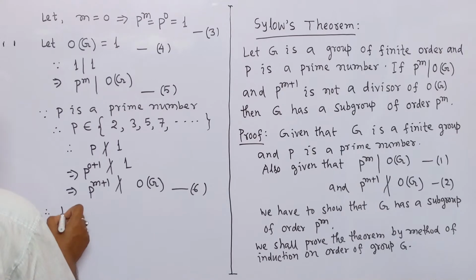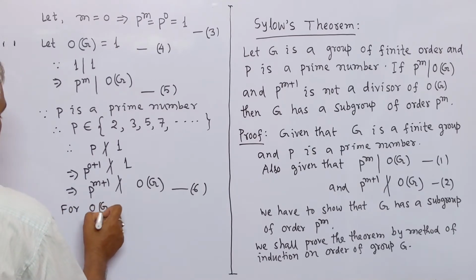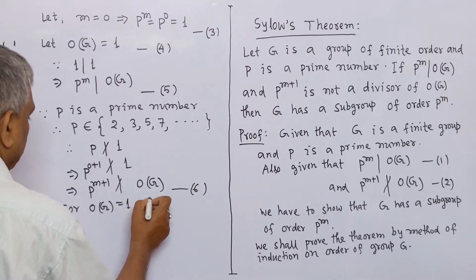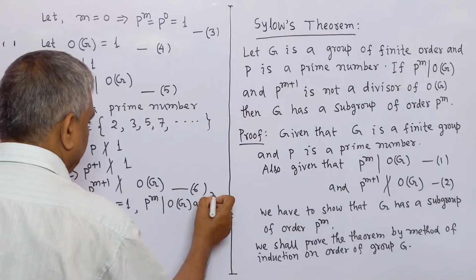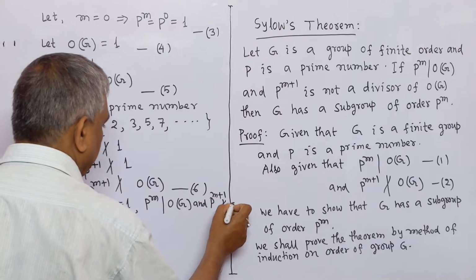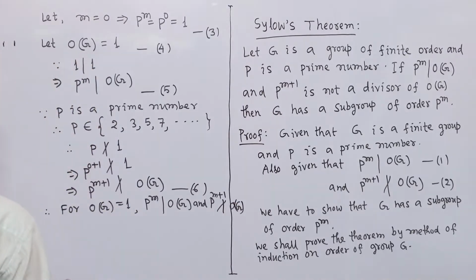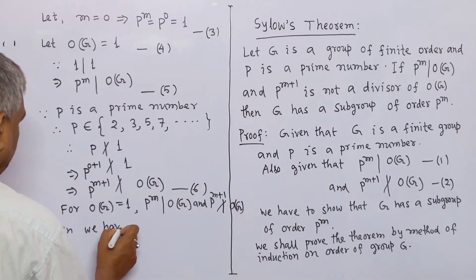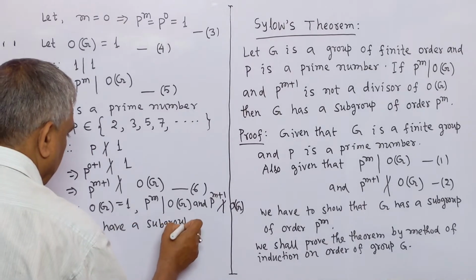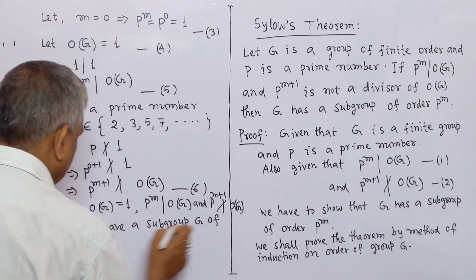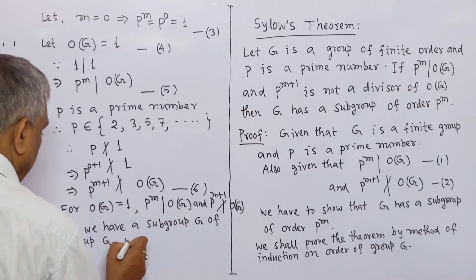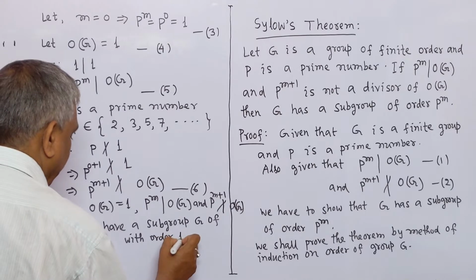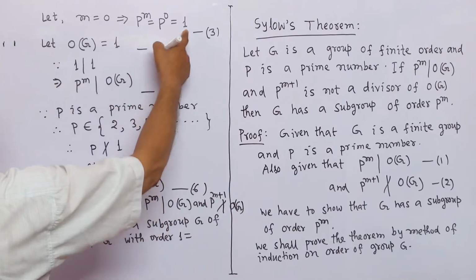Therefore, for order of group G equal to 1, P to the power m divides order of G, and P to the power m plus 1 does not divide order of G. Then we have a subgroup G of group G with order 1 equal to P to the power m.